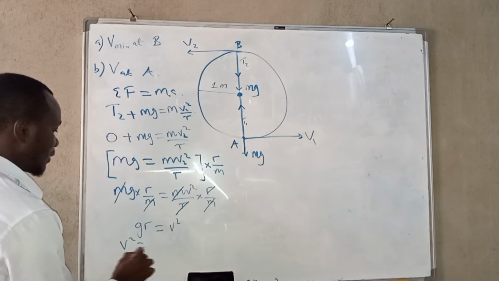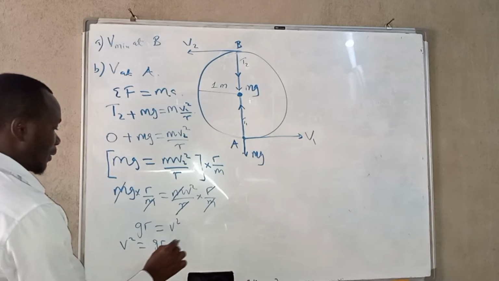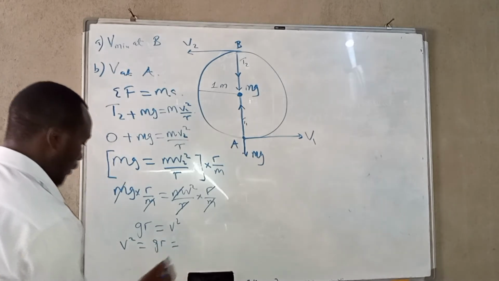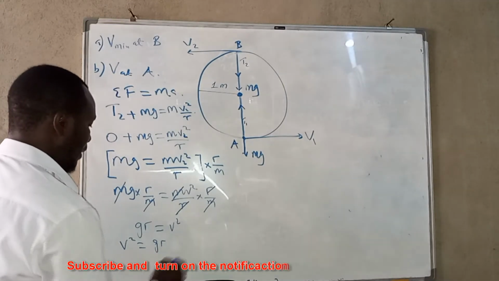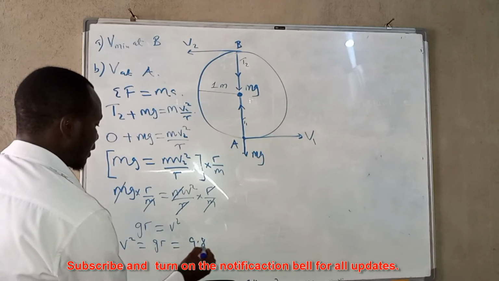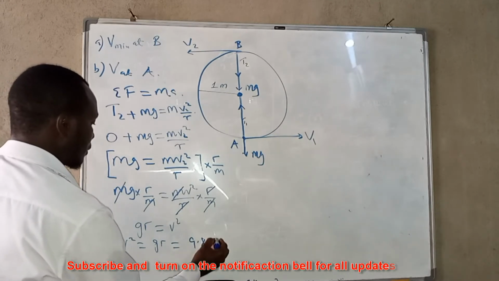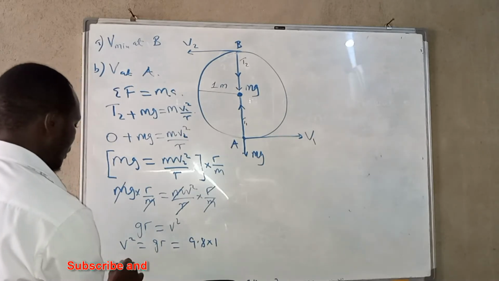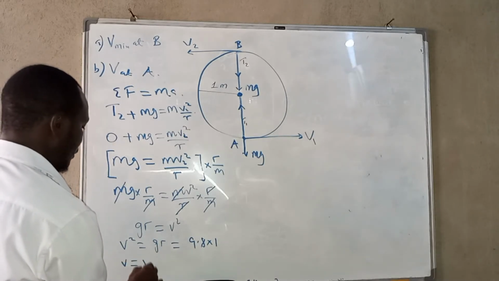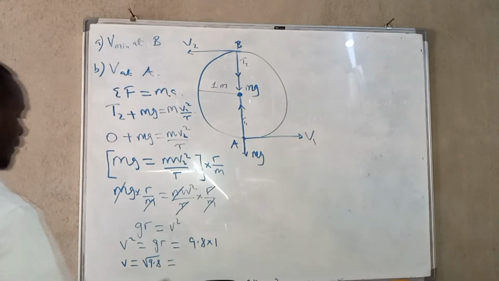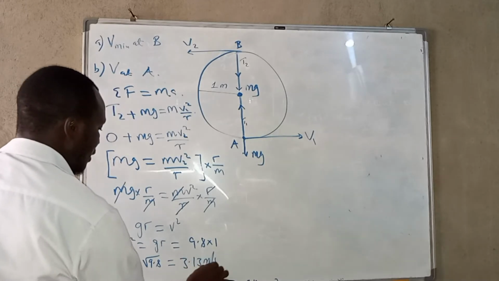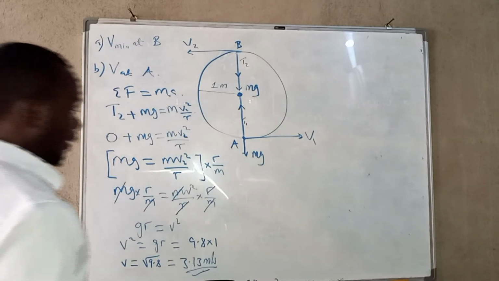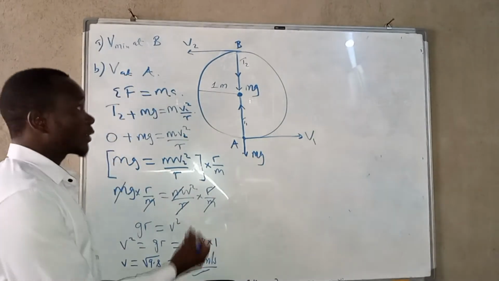This is the same as v squared is equal to gr. When we plug in the values, g is 9.8 times the radius, which is simply 1. So our v is equal to the square root of 9.8, which will give us 3.13 meters per second. So this is the minimum velocity at the top.